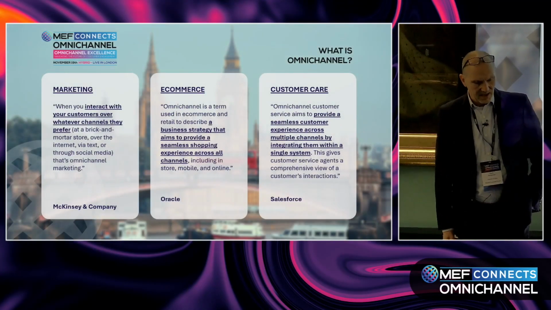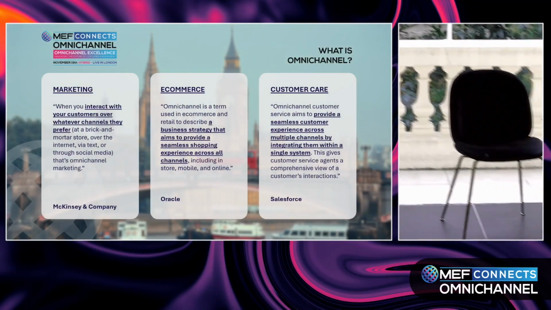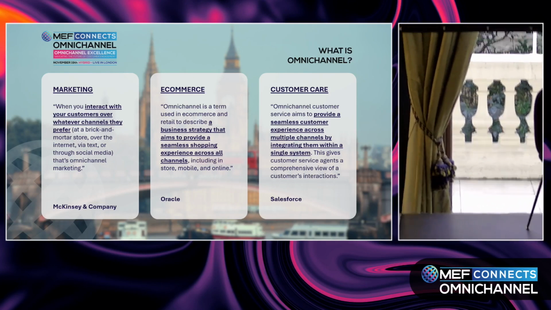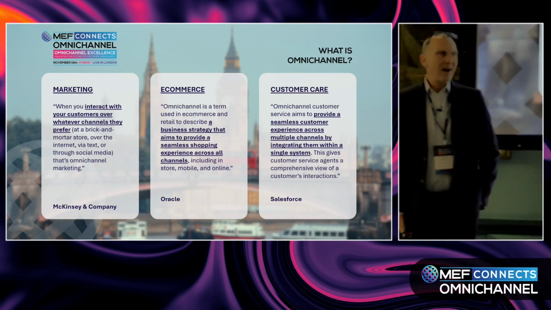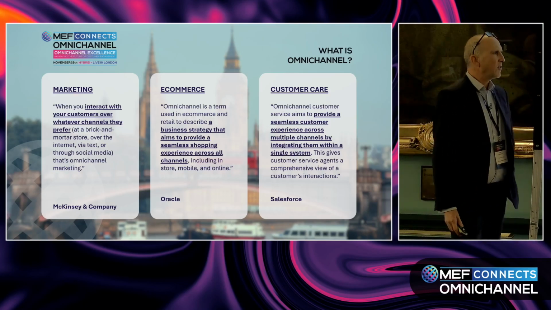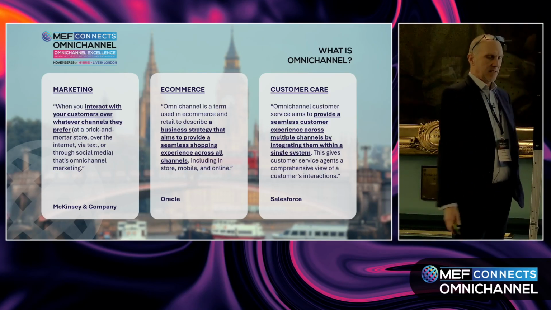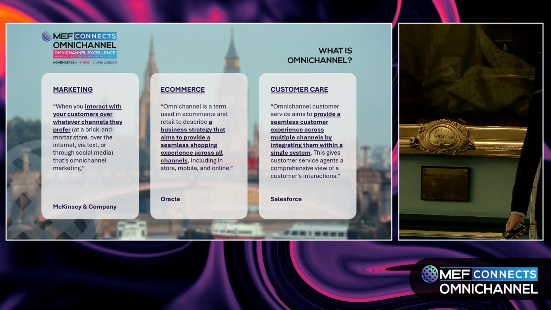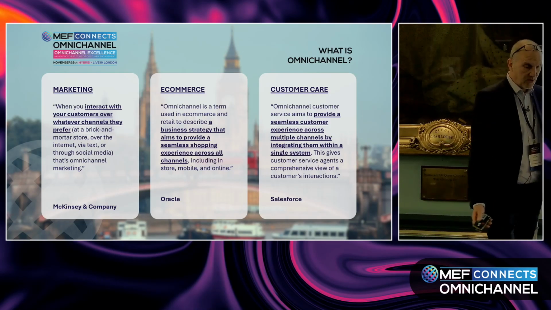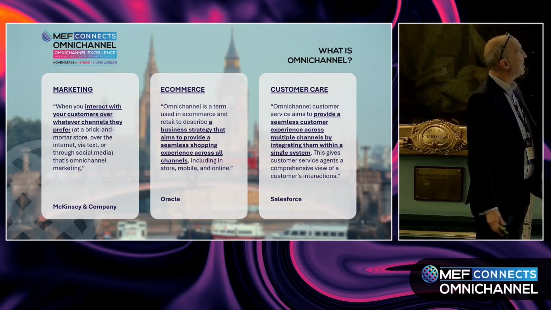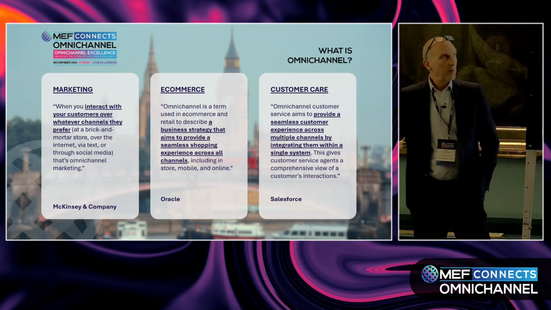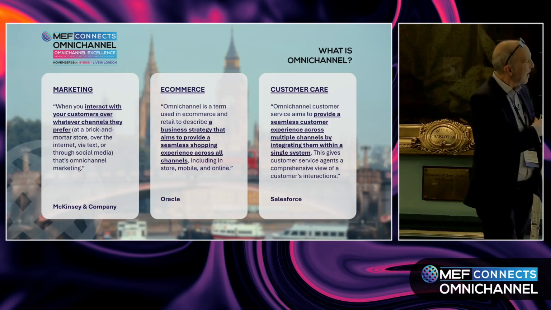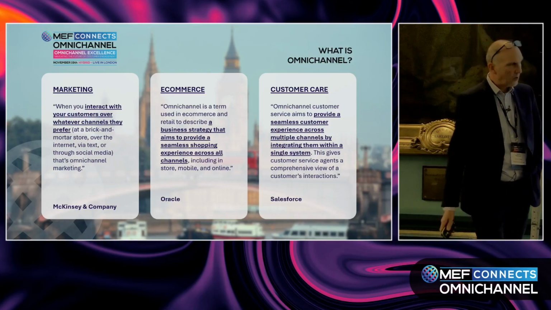So a simple question to start is, what is omnichannel? Because I think many people in the room probably have a very different idea or a different experience of what it is. So simple question, what is omnichannel, and what does excellence look like? So we've got these three different business functions here. You heard Robert talk about a lot of them. We've got marketing, we've got e-commerce, we've got customer care, and opinions from McKinsey, Oracle, Salesforce.